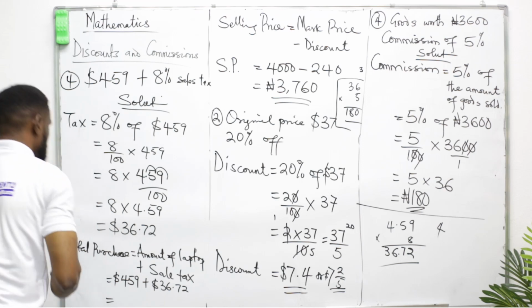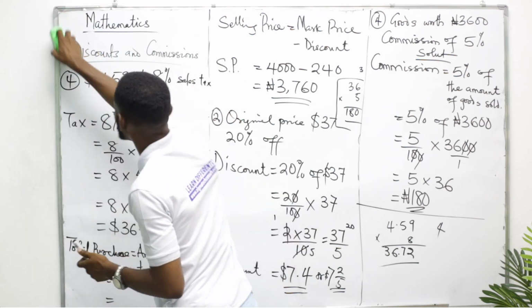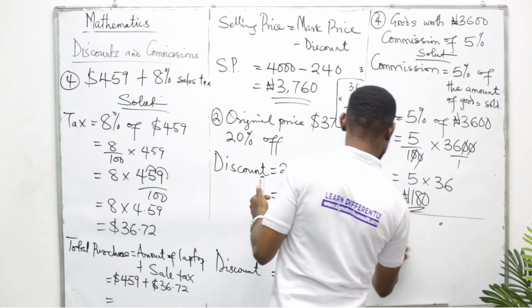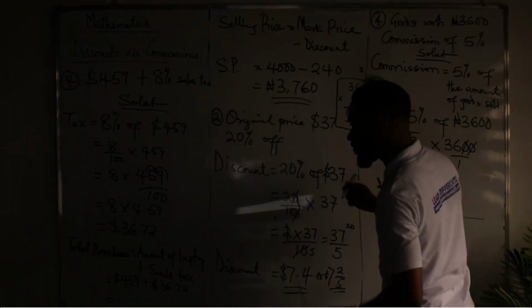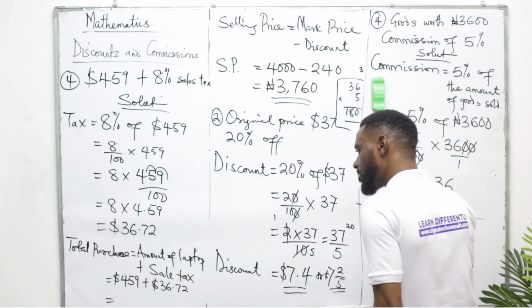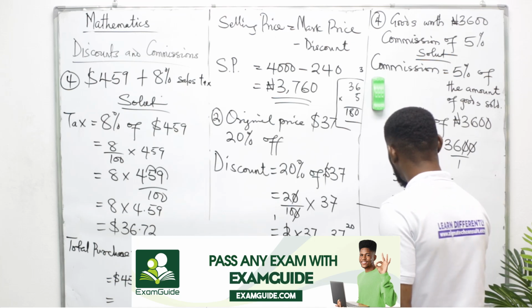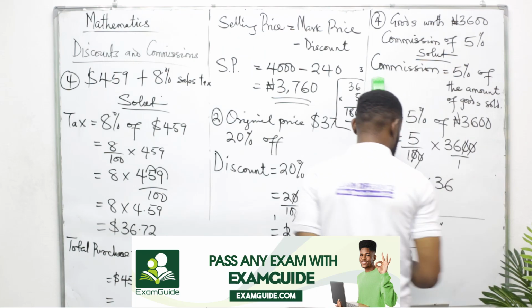All right? So that is what that will give us. So 459 plus 36.72. All right?